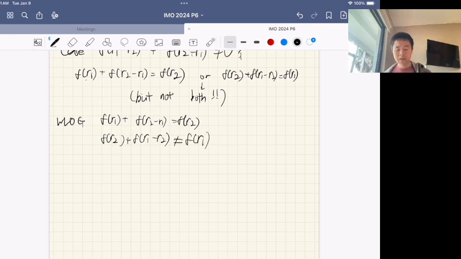Now the trick is to just shuffle things around and see what we can get with it.